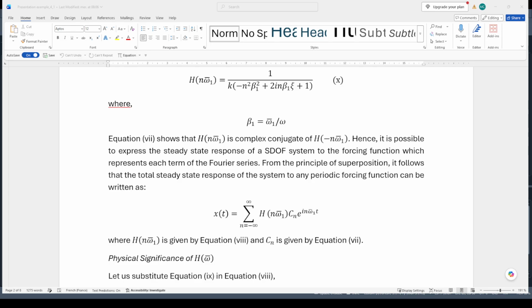Hence it is possible to express the steady state response of a SDOF system to the forcing function which represents each term of the Fourier series.